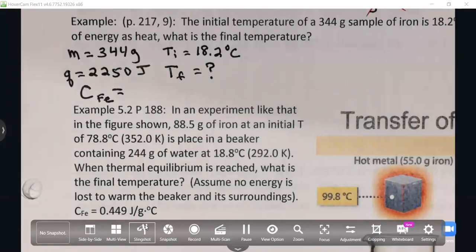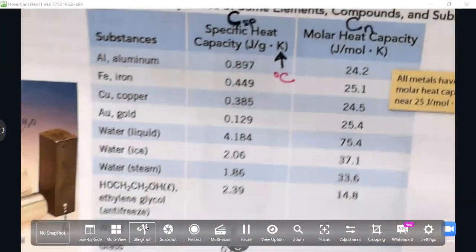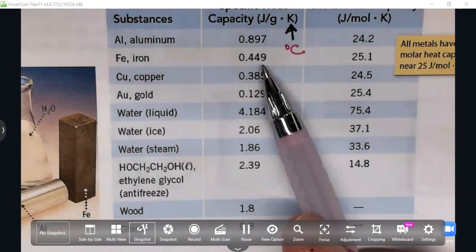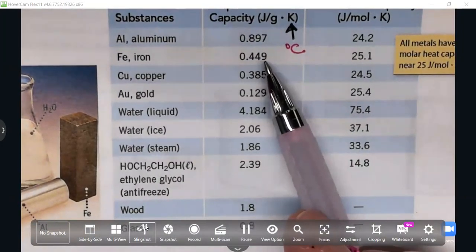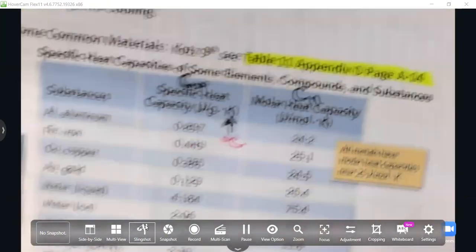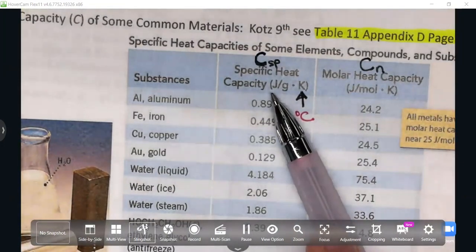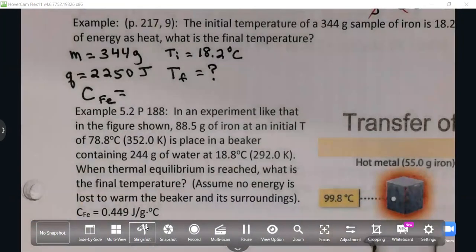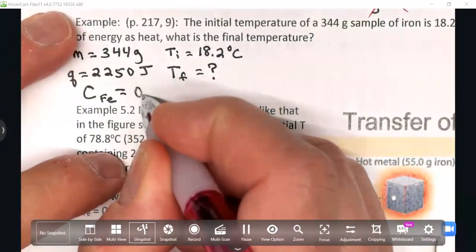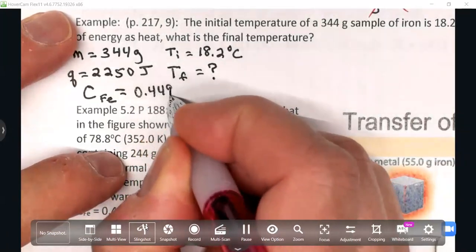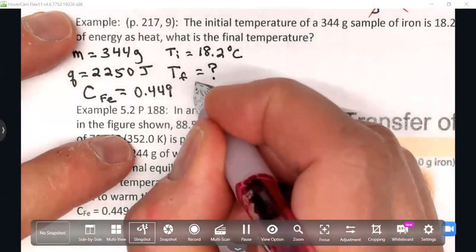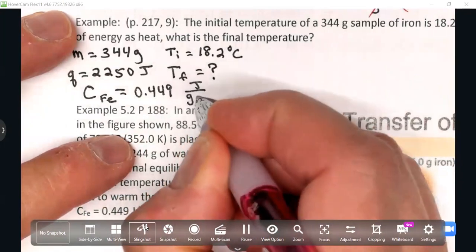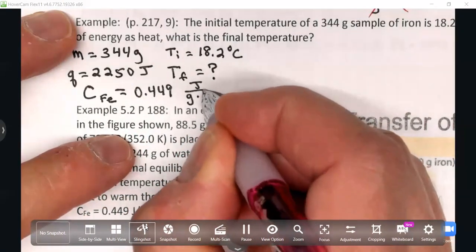It is. On the previous page, 0.449. Now, be careful because sometimes these are in kilojoules per, you don't know what unit unless you write them down, and they should cancel out. So 0.449 joules per gram degrees Celsius.